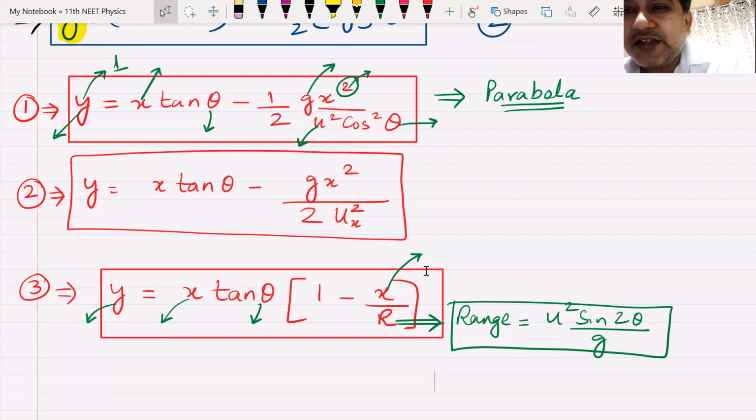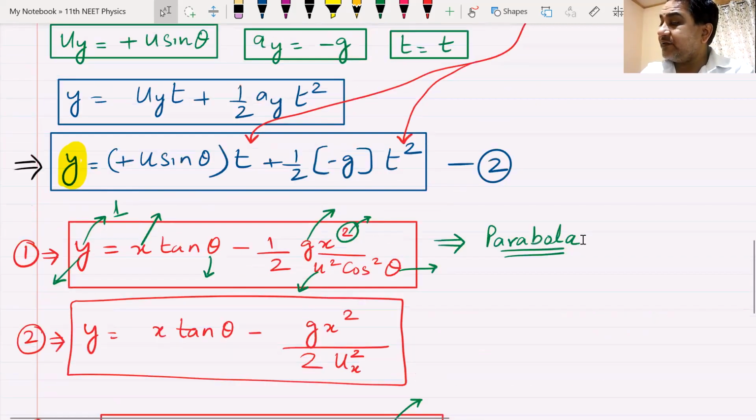The other way of writing is y is equal to x tan theta multiplied by the bracket 1 minus x by R. Anyone has any doubts how we have achieved this?